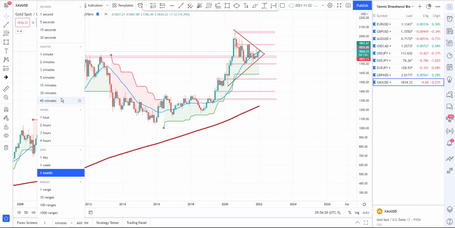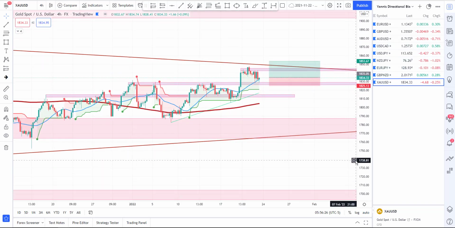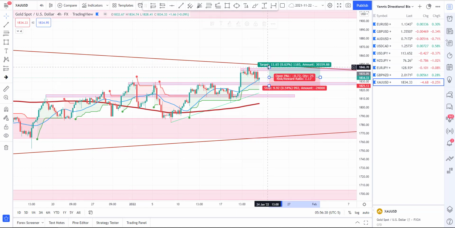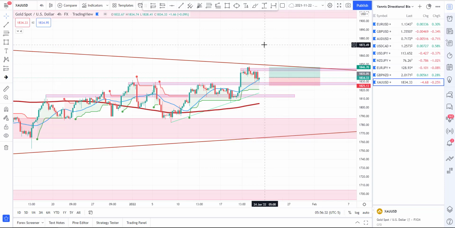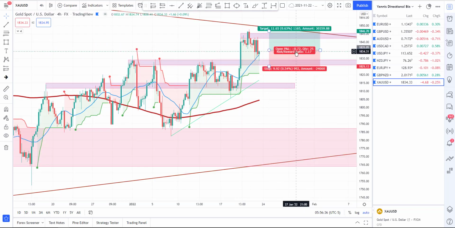So dropping down on the 4 hours, I would say that the previous high would be the target that I'm looking for the moment, which is slightly over a 1-to-1 trade.